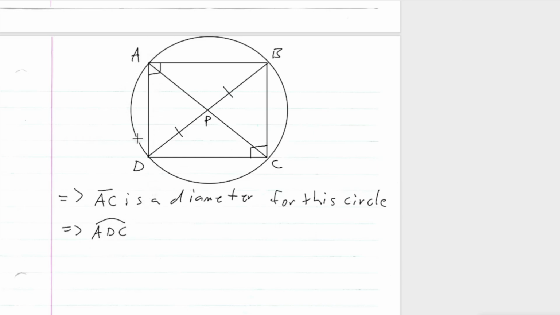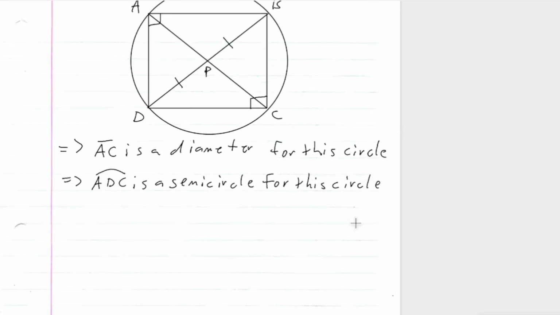All right. So this implies that arc ADC is a semicircle for this circle, right? And then, if that's a semicircle, this implies that the measure of arc ADC is equal to 180.